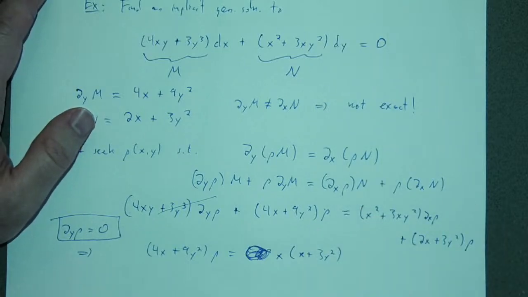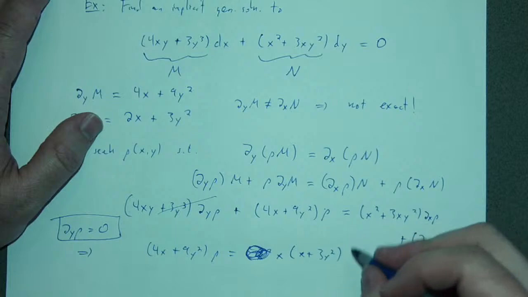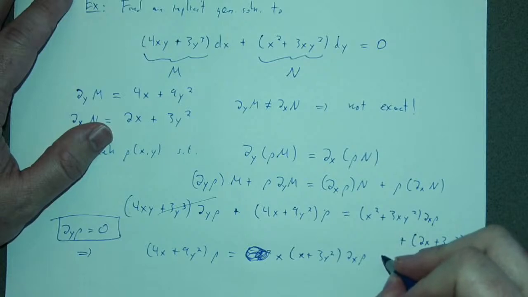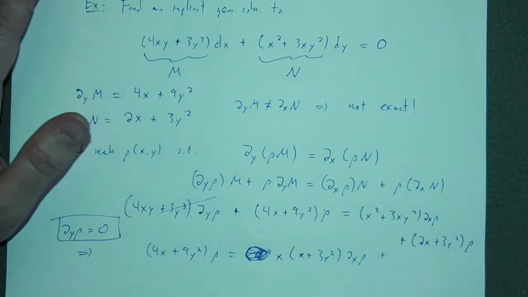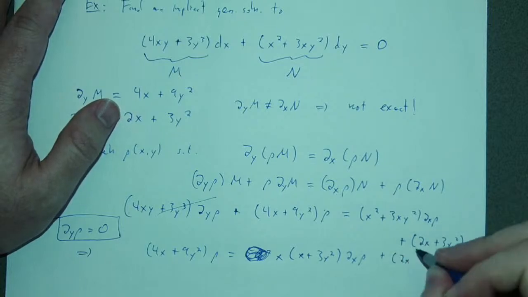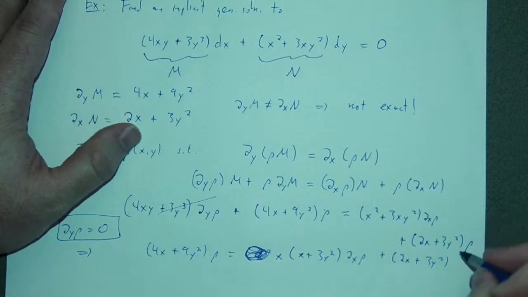So then, what am I left with here? Here I have x times x plus 3y squared times the x partial of rho plus 2x plus 3y squared rho.